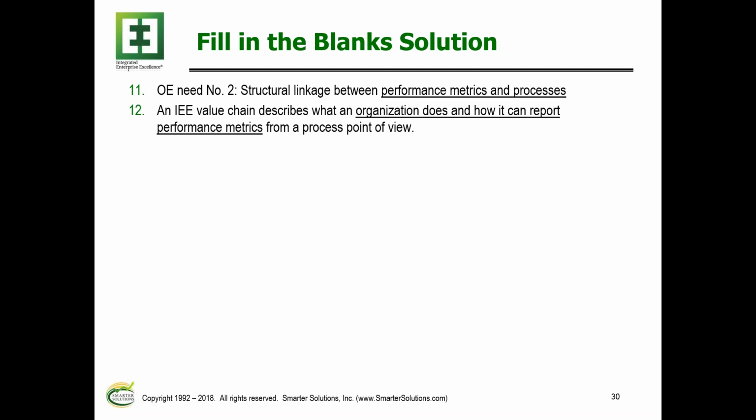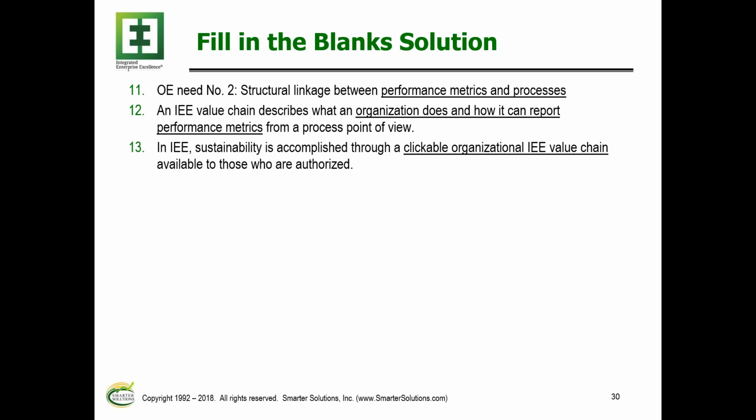Twelve, an integrated enterprise excellence value chain describes what an organization does and how it can report performance metrics from a process point of view. And I believe sustainability is accomplished through a clickable organization value chain that's available to those who are authorized.